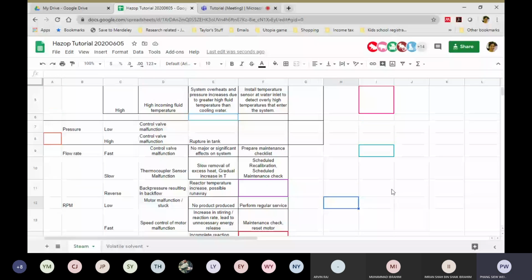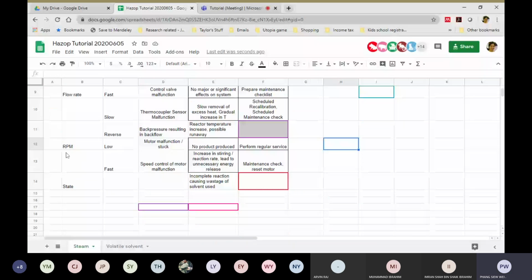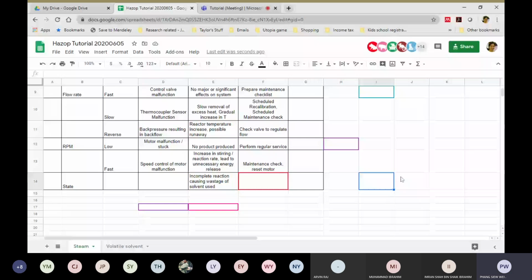Sorry, may I ask, why is there the RPM here? Motor malfunctions. Oh, for the steam. Okay, okay. Let me see.